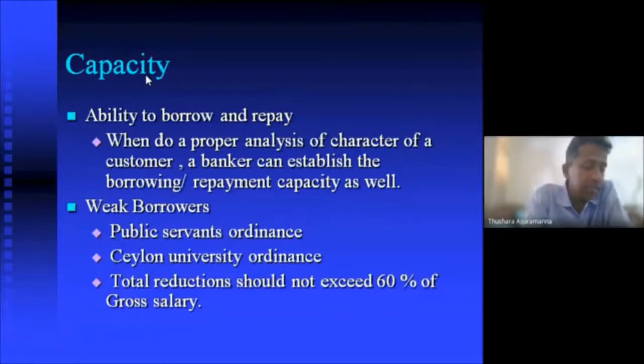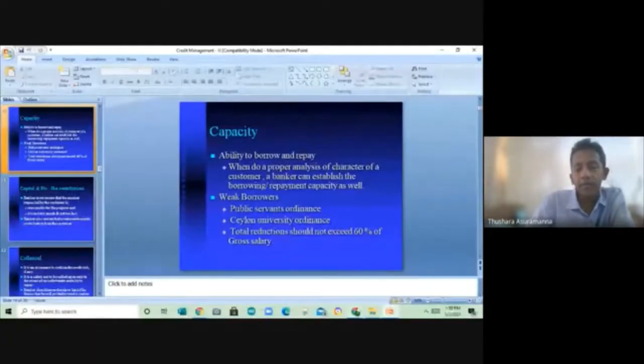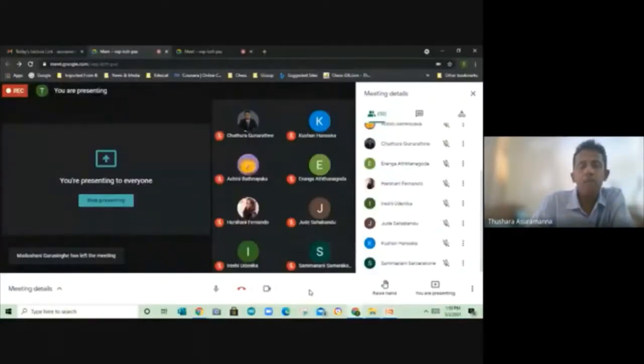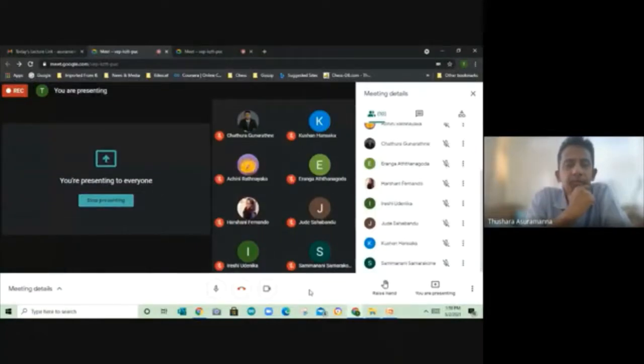Under that capacity, now we need to ensure that he has the management capacity to run the business. Any thoughts? What does management capacity mean there? Who can say? Chathura? Kushan? What do you think? What do you look into as the management capacity of this individual?